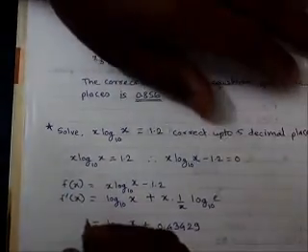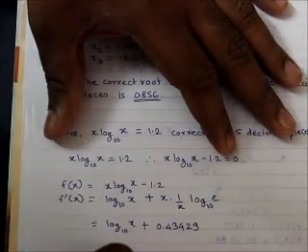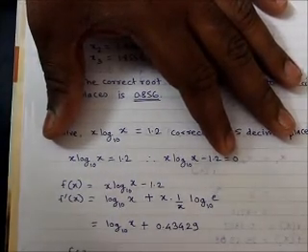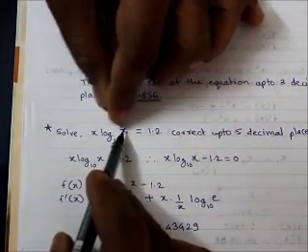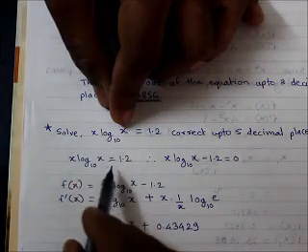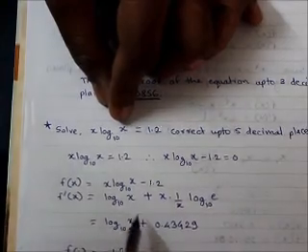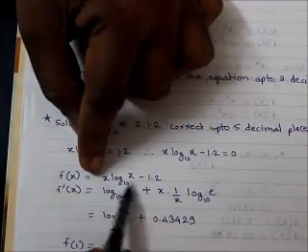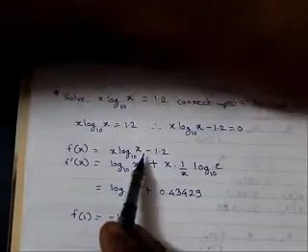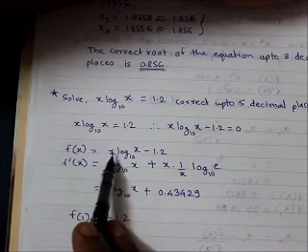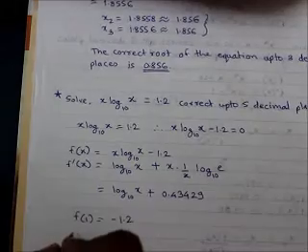Okay, now let's take our initial approximation here. F of 1 is going to be 1 into log to the base 10 of 1, which is 0, so 0 minus 1.2, so this one will be minus 1.2. Take a look at this one: x log x, x is 1, log to the base 10 of any value is always 0, so 1 into 0 is 0, minus 1.2, so f of 1 is minus 1.2.